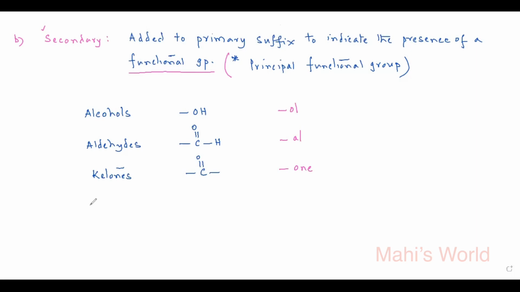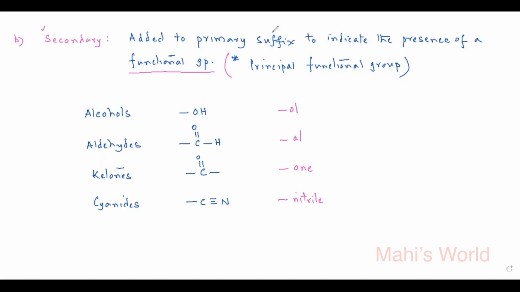Let me give you some compounds called cyanides, consisting of this particular functional group. See, triple bond N. For these, the secondary suffix is nitrile. Of course, I'll give you the list of all these later, but for now, I think this is enough.